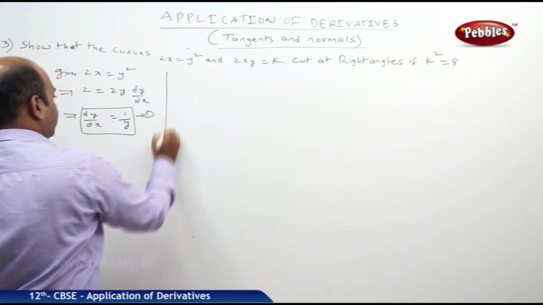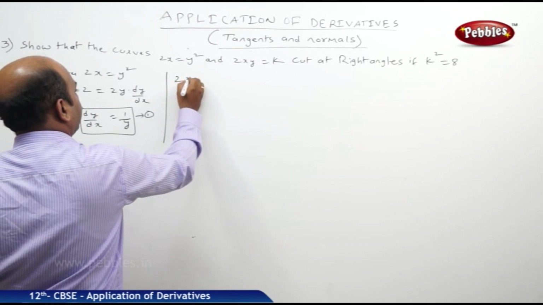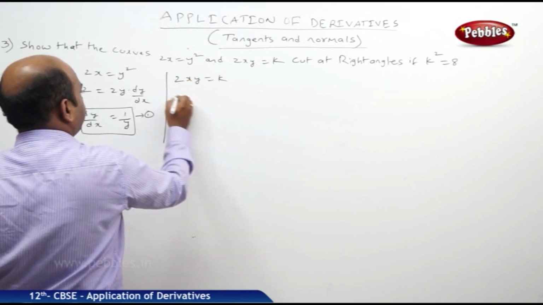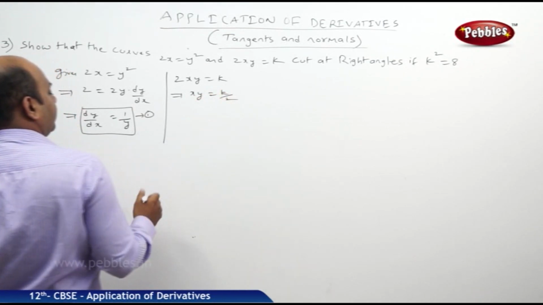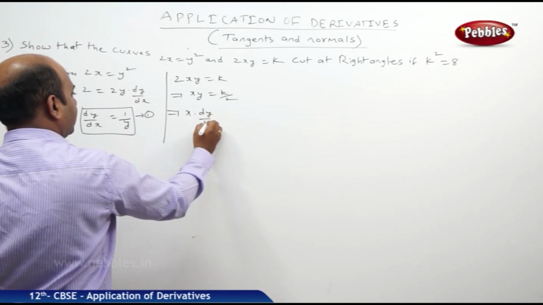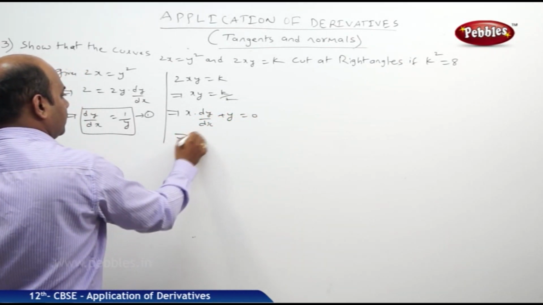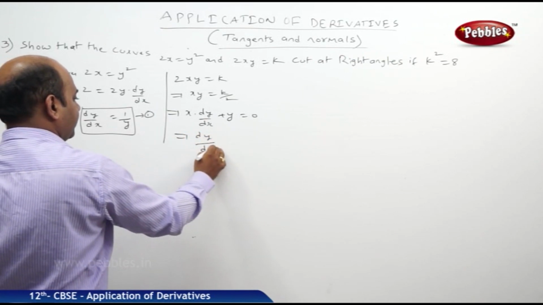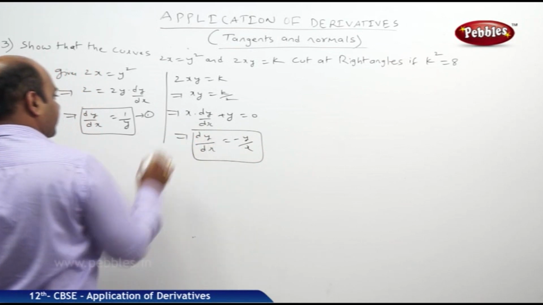Now later here also we shall see 2xy is equal to k given for us. That means xy is equal to k by 2. So x into dy by dx plus y equal to 0. So finally dy by dx is equal to minus y by x.